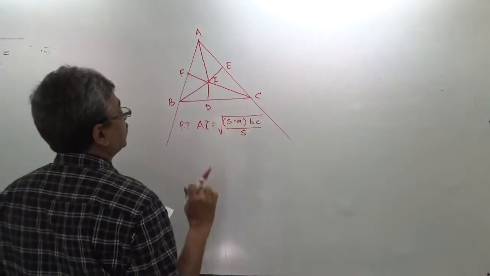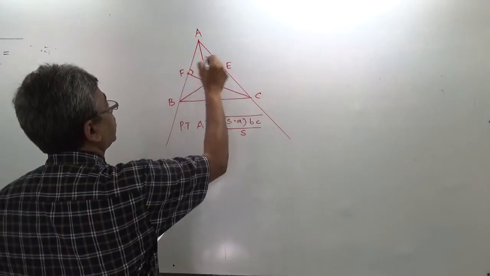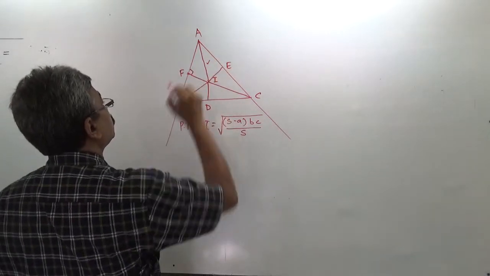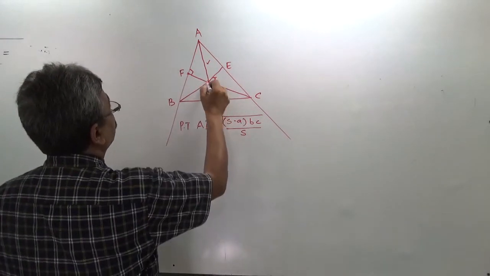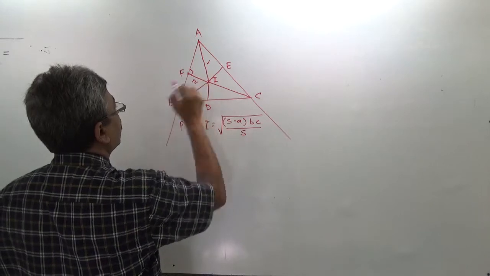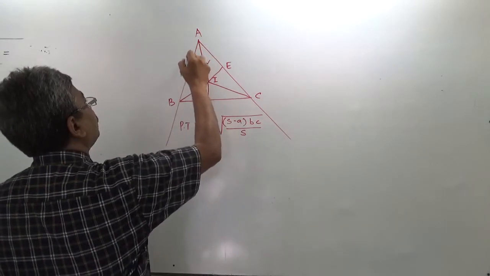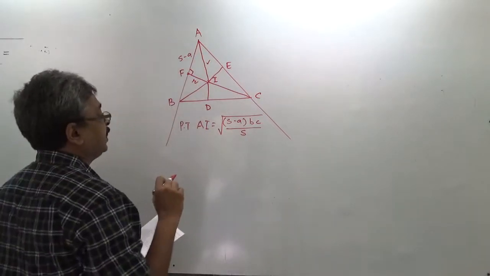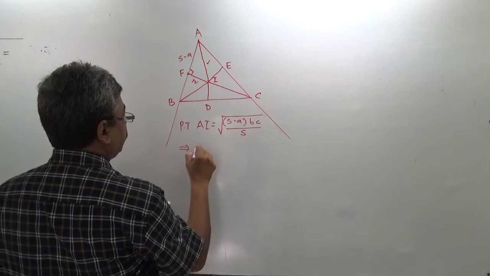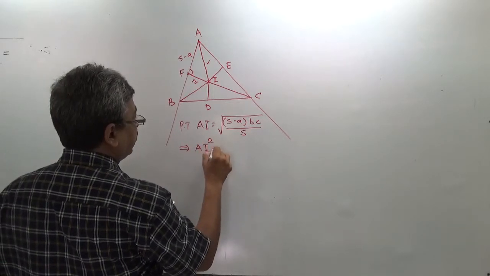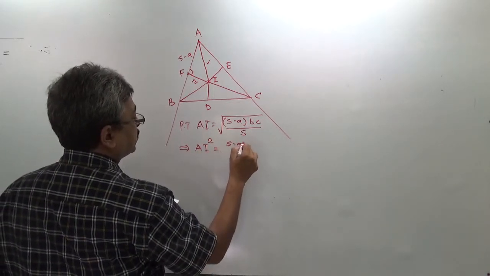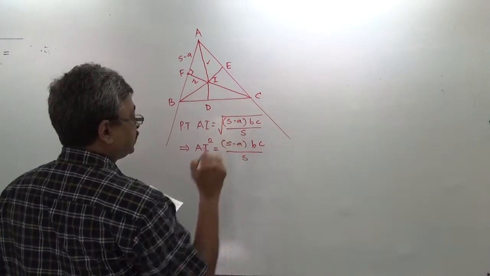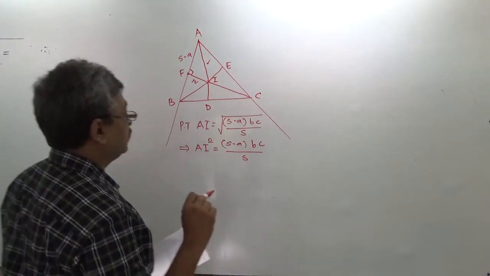Now, we know that this is 90 degrees here, and we consider triangle AFI, in which we are supposed to find AI, and we know IF is small r, the inradius, and AF is s minus a. Distance AF is s minus a. Therefore, the first simplification is that AI square should equal (s minus a) into bc upon s. This is what I am interested in proving.